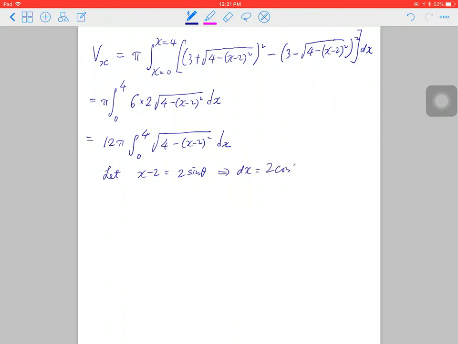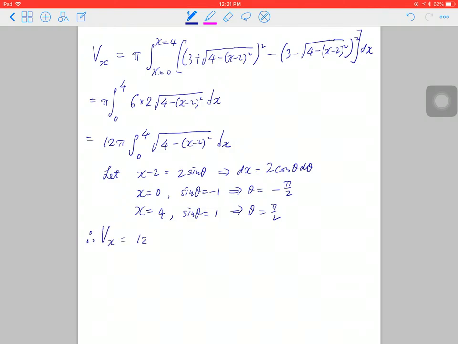So dx will be 2 cosine theta d theta, and then the limits: when x equals 0, sine theta equals -1. So we have theta equal to negative pi over 2, the principal value. When x is 4, the upper limit, sine theta equals 1. So theta is pi over 2.